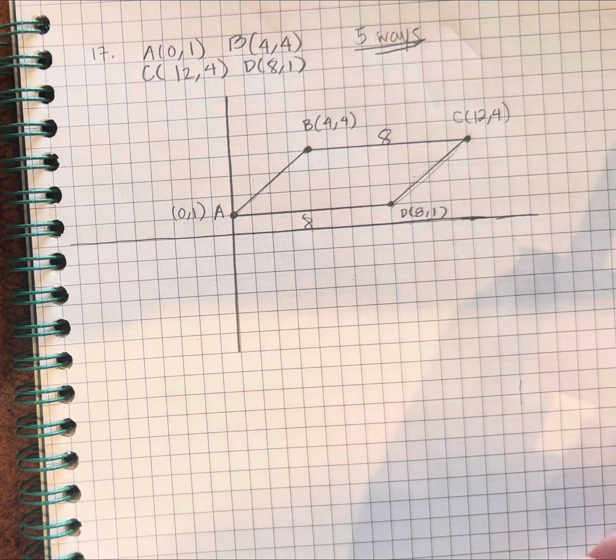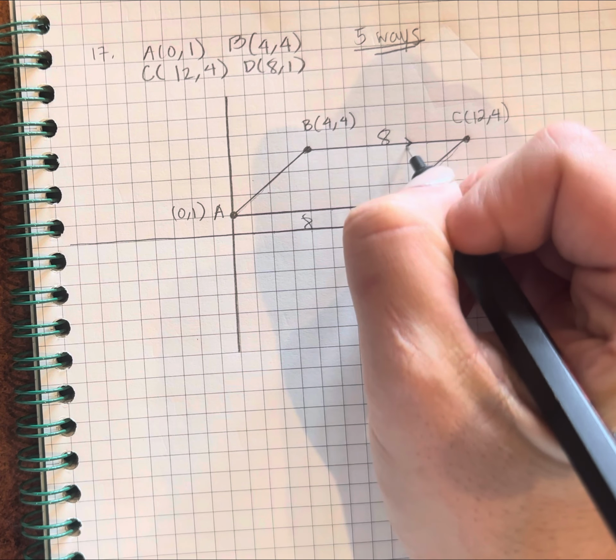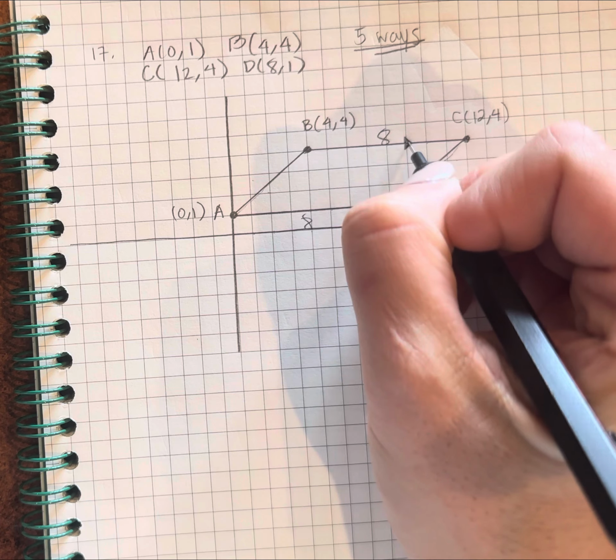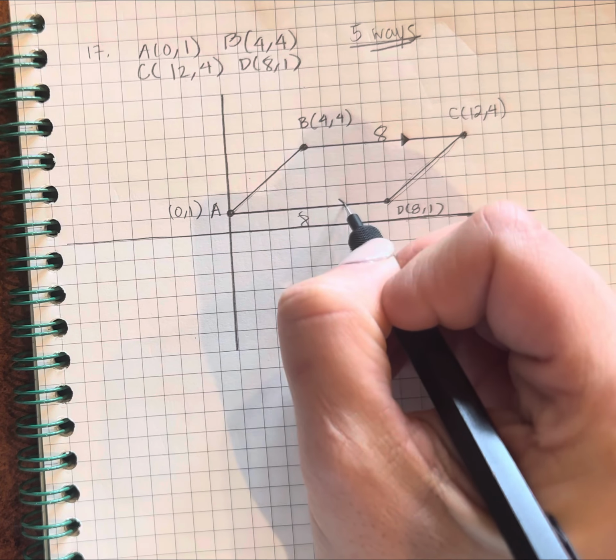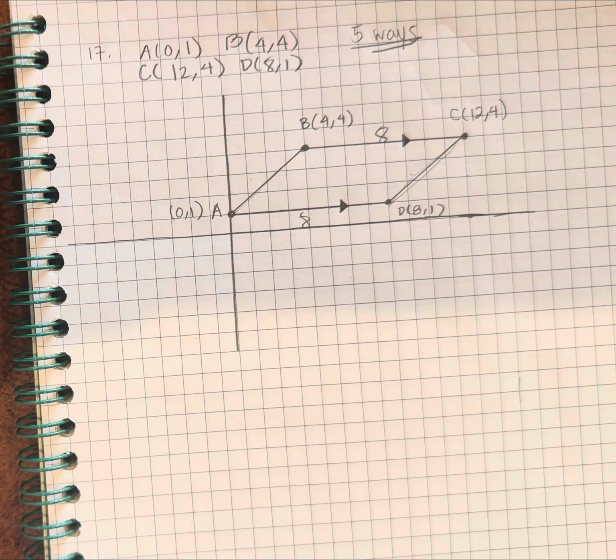But because it's easier, I'm going to go with the theorem that says one set of opposite sides both congruent and parallel. That's the easiest way on this one.